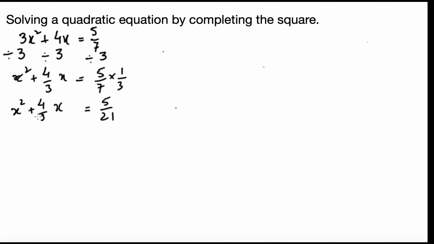We take the coefficient of x, which is 4/3. We half it and square it. 2 times 4.